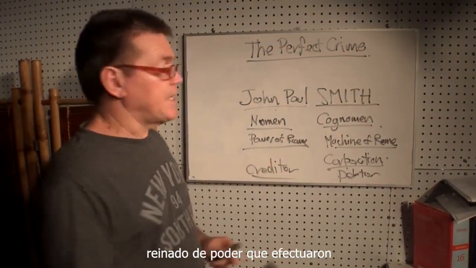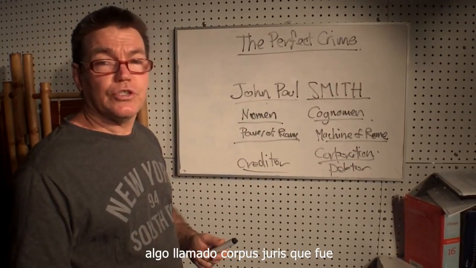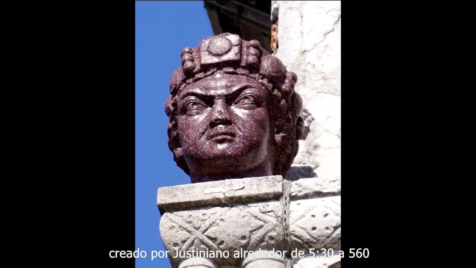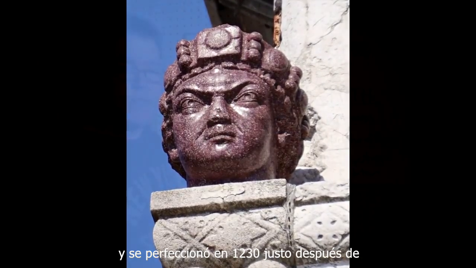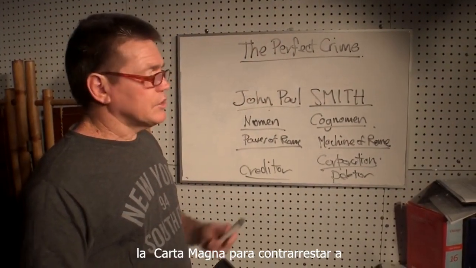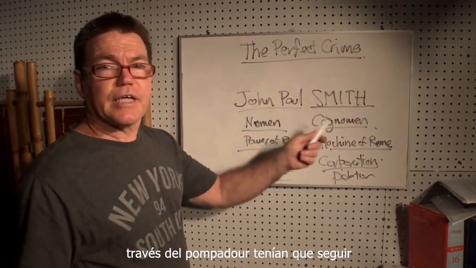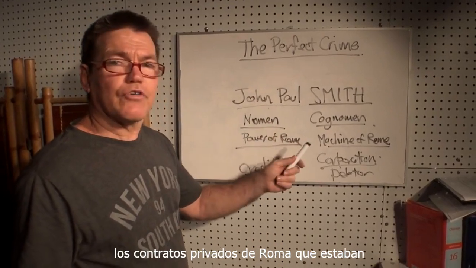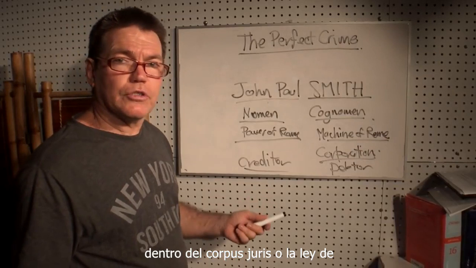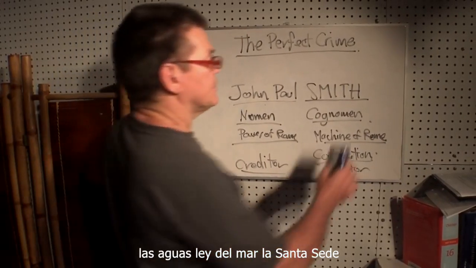It was in their reign of power that they perfected a thing called the corpus juris, that was created by Justinian around 530 to 560, and it was perfected in 1230, just after the Magna Carta, in order to counteract true common law. They had to keep going the private contracts of Rome, which were inside the corpus juris, or the law of the water, law of the sea, the Holy See.